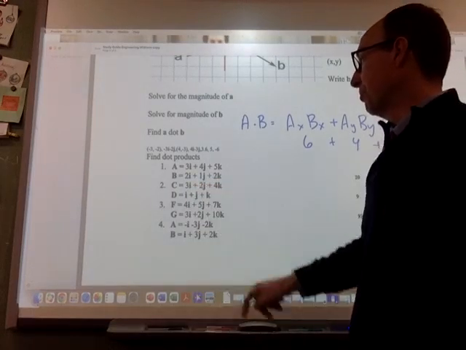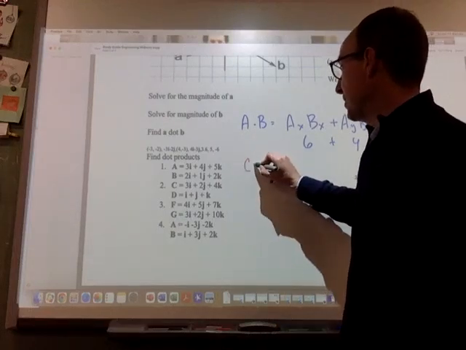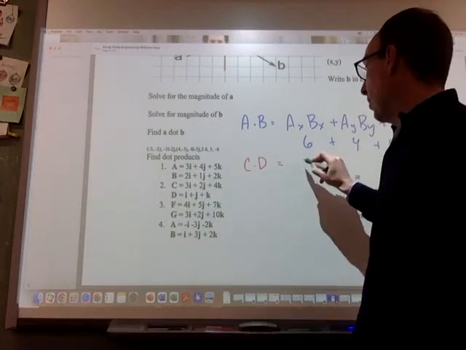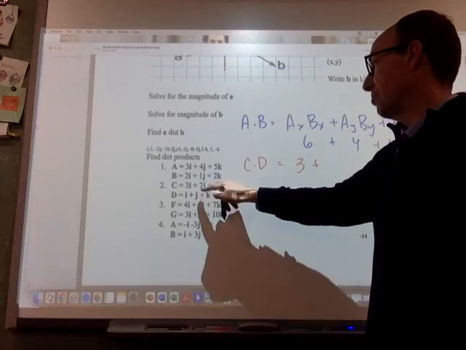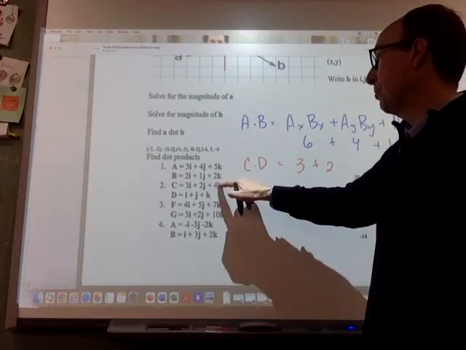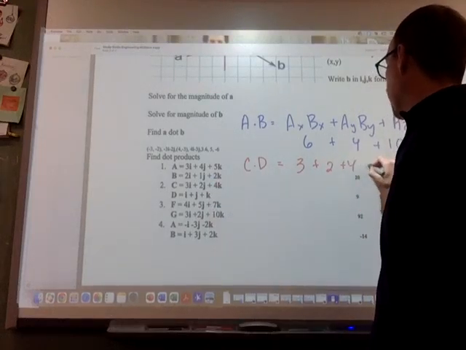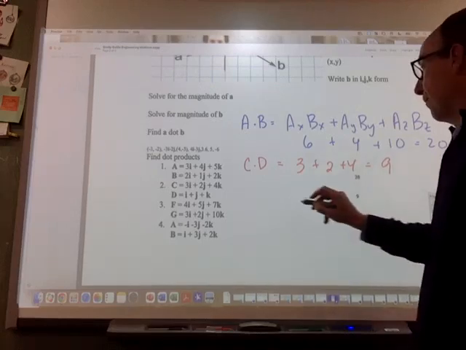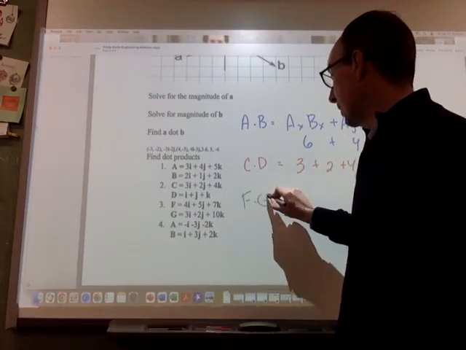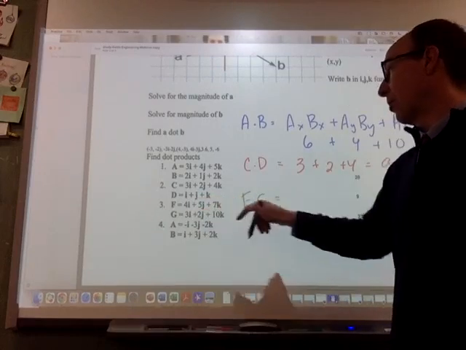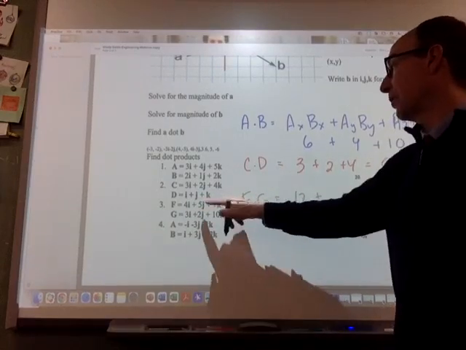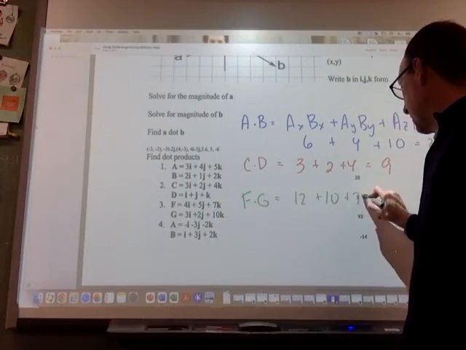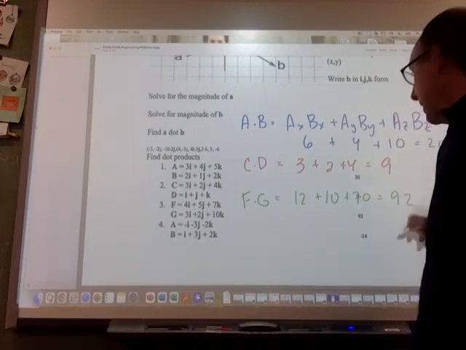For number 2, where we have C dot D, this would be 3 times 1, which is 3, plus 2 times 1, which is 2, plus 4 times 1, which is 4, which would be 9. For F dot G, I would have 4 times 3, which is 12, plus 5 times 2, which is 10, plus 7 times 10, which is 70, which gives me 92.